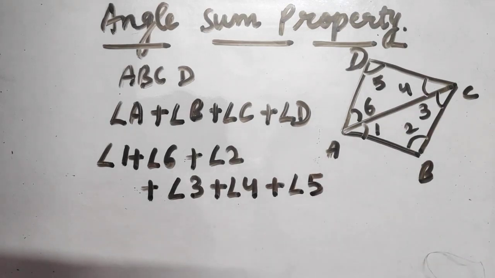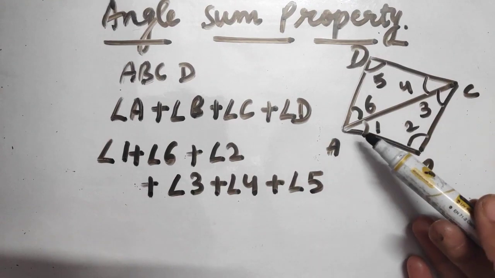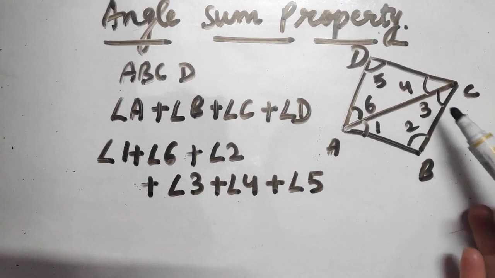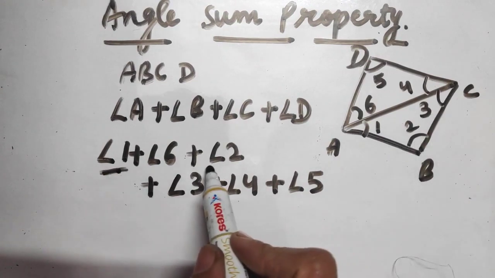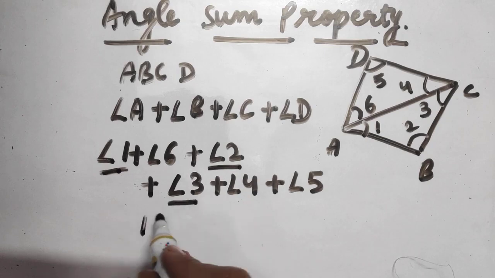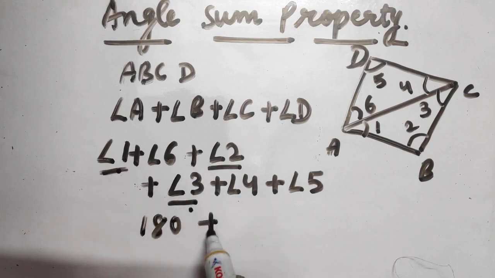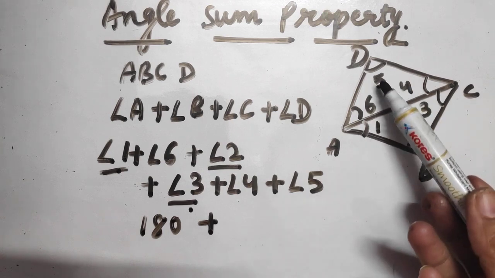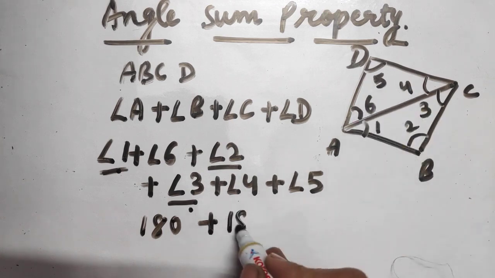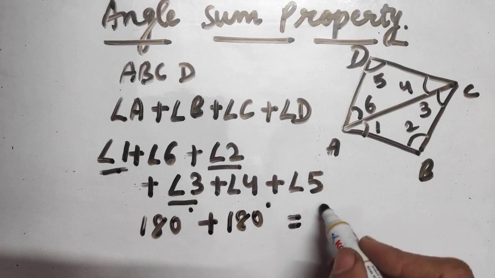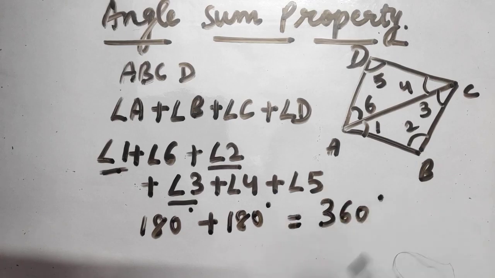Now from the previous equations we have seen the sum of angle 1 plus angle 2 plus angle 3. In place of these three angles, we can write 180 degrees. Plus in place of angle 4, 5 and 6, we can write again 180 degrees. So the total sum comes out to be 360 degrees.